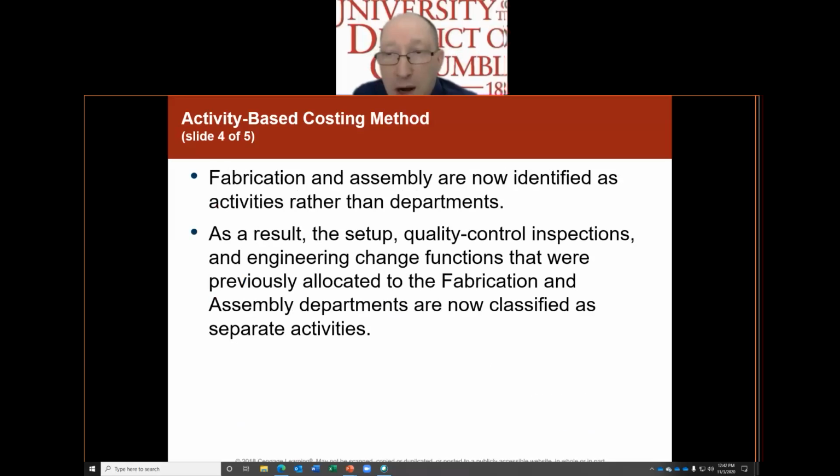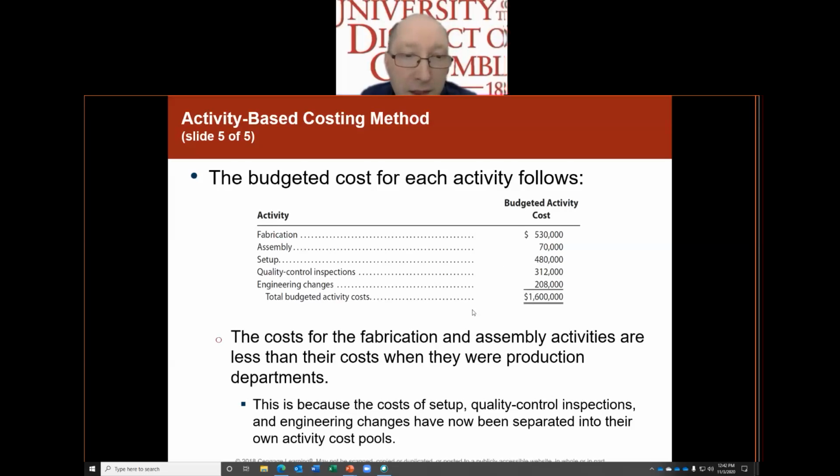Fabrication and assembly are identified as activities instead of departments. As a result, the setup, quality control, inspections, and engineering that were previously allocated to fabrication and assembly are now classified as separate activities. Each activity has a budget associated with that activity. In our example, remember our total overhead budget was $1.6 million for the year.